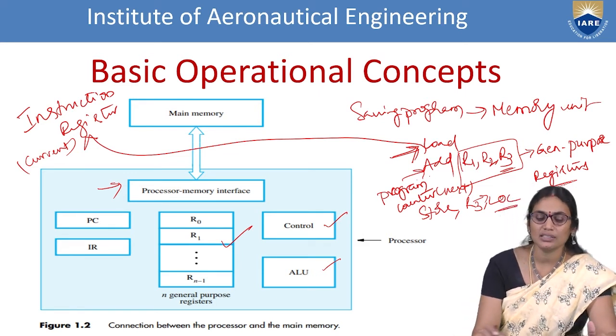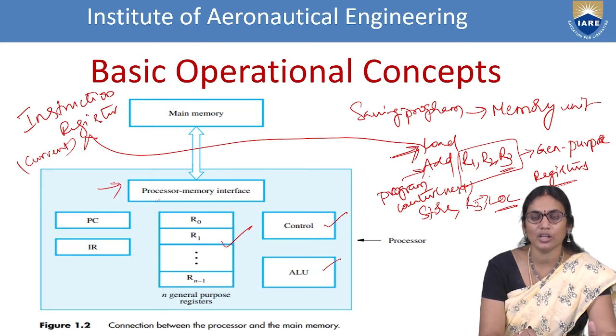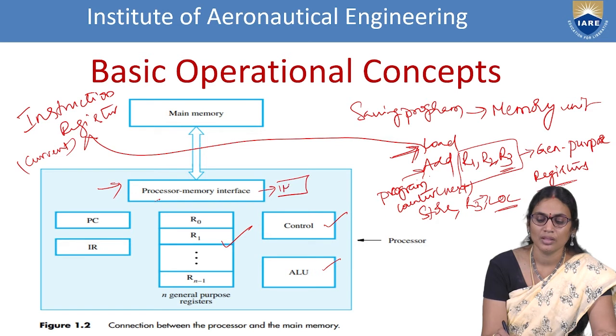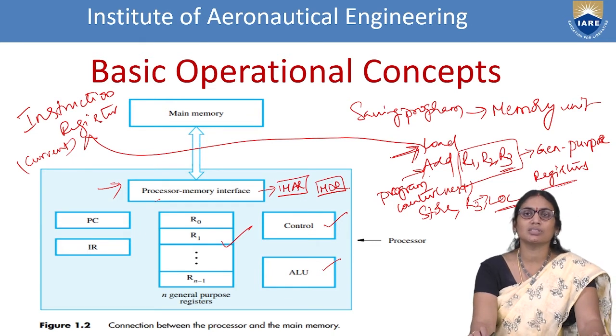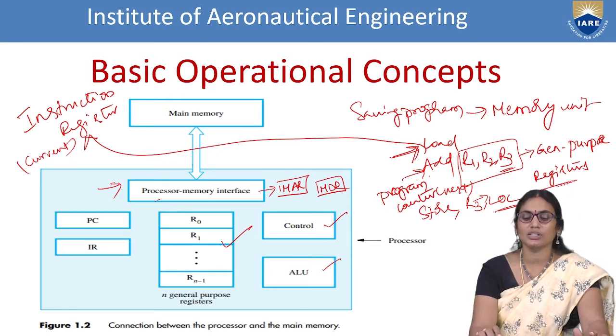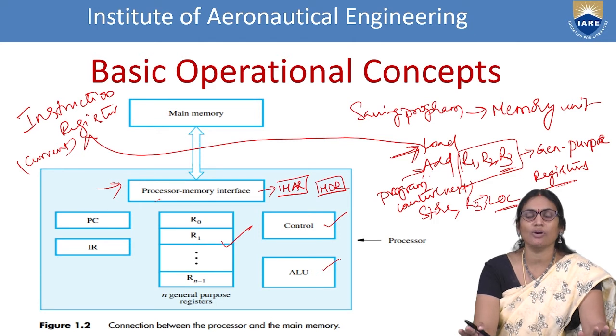For understanding this, the processor memory interface which you're talking about will possess two basic registers. One is the memory address register. The second one is the memory data register. So these are the two basic registers which take care of getting and fetching data from the memory and loading data onto the memory.